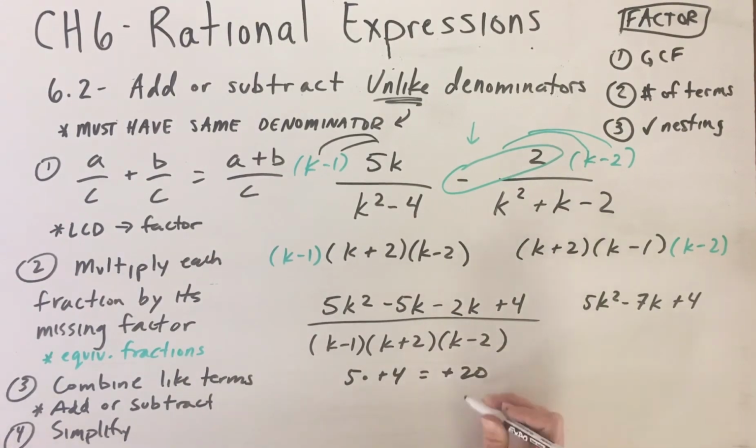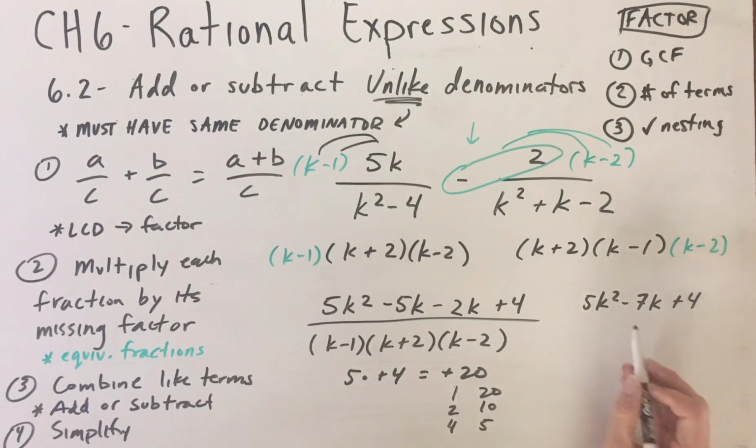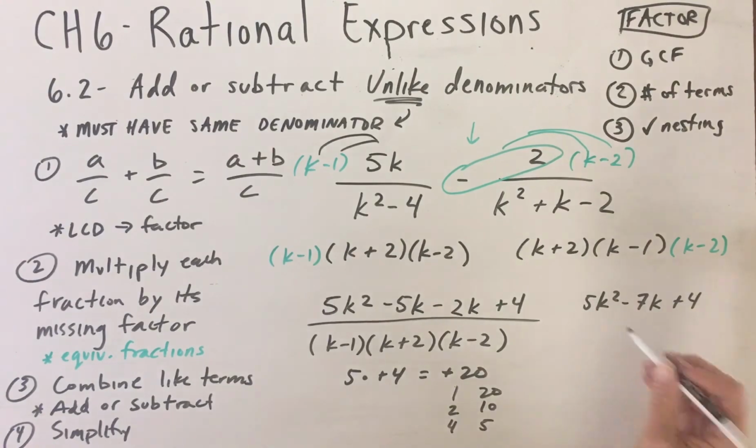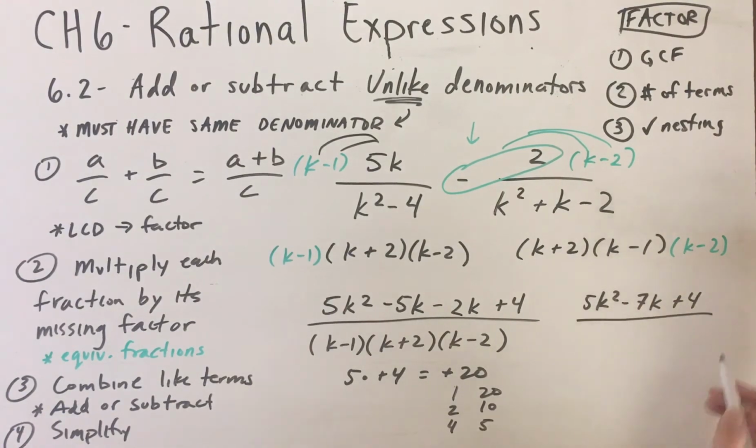See if there are any factors of +20. So I've got 1 and 20, 2 and 10, 4 and 5. None of these factors will ever sum to this negative 7, so this cannot be factored. This is a prime polynomial up here.